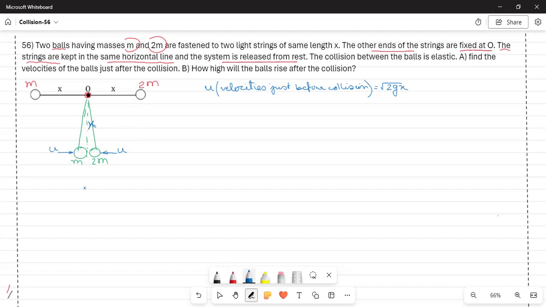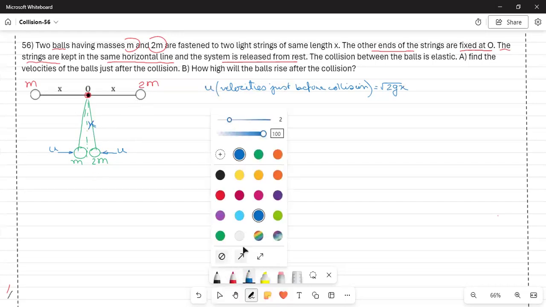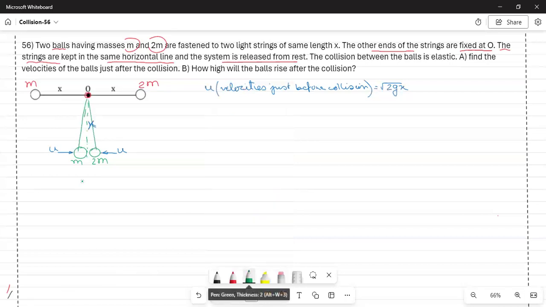And let us draw a diagram after the collision. After the collision, what happens? After the collision, this will be moved towards right immediately after the collision.